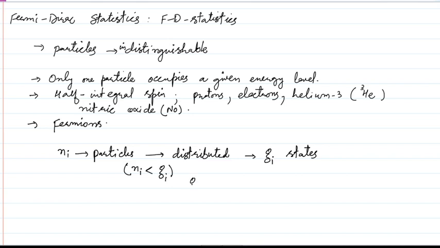What is Gi? We already know it is simply the degeneracy of the ith state, or you can say the ith energy level.